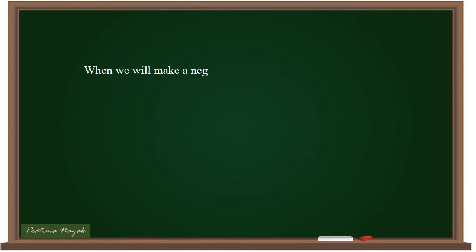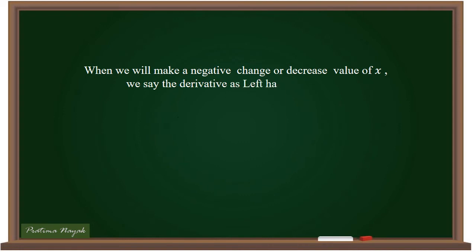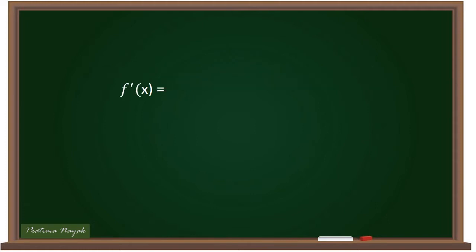But if we make a negative change or decrease the value of x, we say the derivative is the left hand derivative. It is denoted by f dash x is equal to limit h tends to 0 of f(x minus h) minus f(x) upon minus h. Change is negative here.